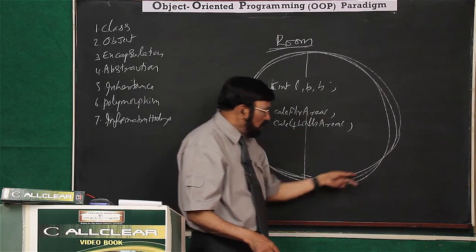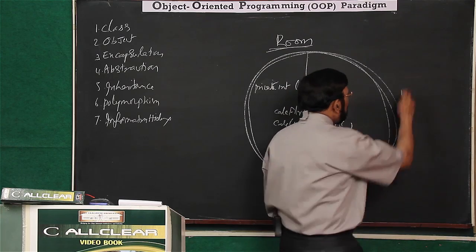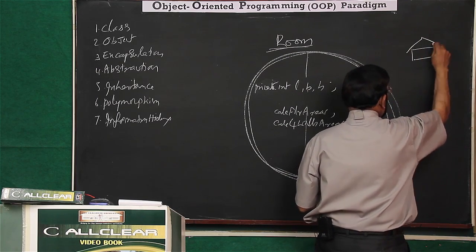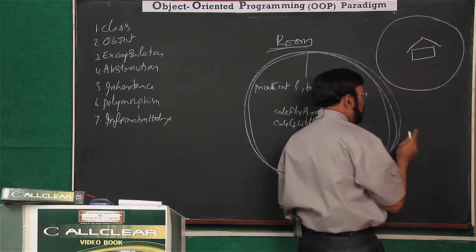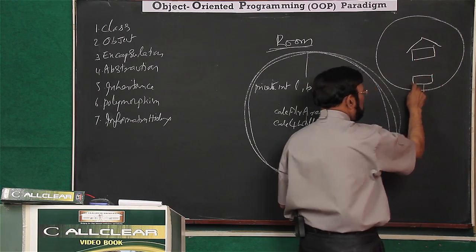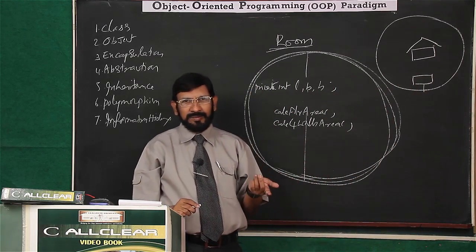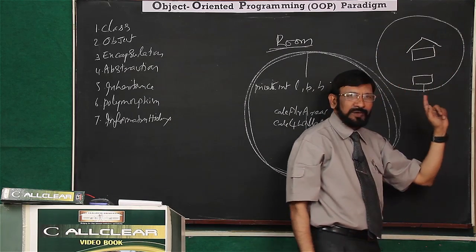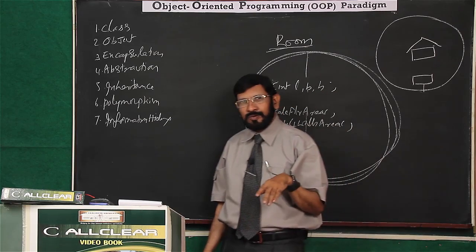So if there is no compound wall, how is it possible? Suppose you have a house on a ground. There is no compound wall. If there is no compound wall and you put a board saying trespassers are punished, there is no meaning. Whenever a compound wall is there around your house, then you put a board saying trespassers are punished, then it is meaningful.